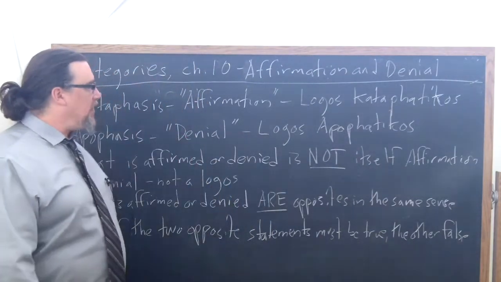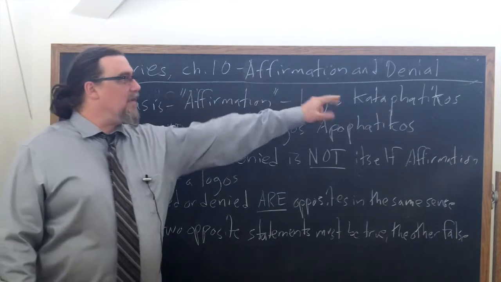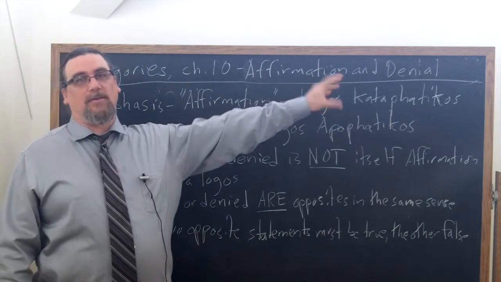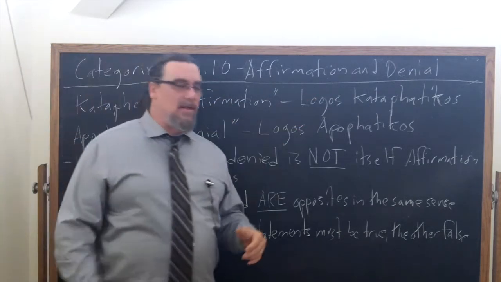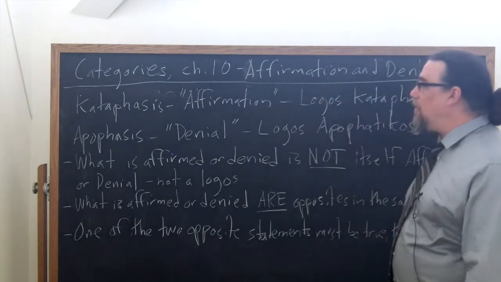The opposition that's happening here is primarily between logos kataphatikos, speaking that is asserting something, and logos apophatikos, speaking that is denying something. Those are the things that are actually being opposed here.